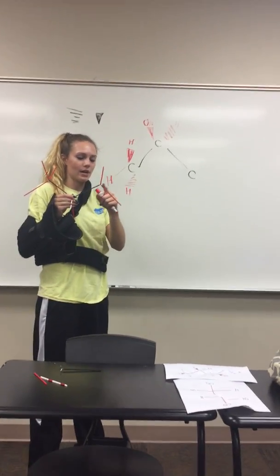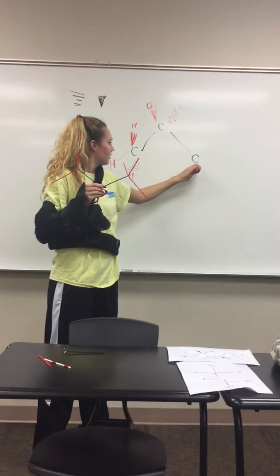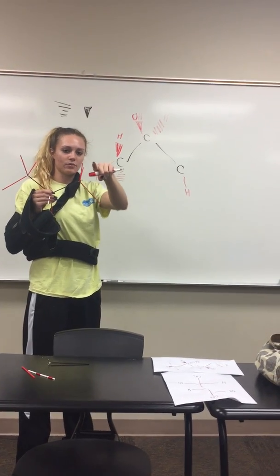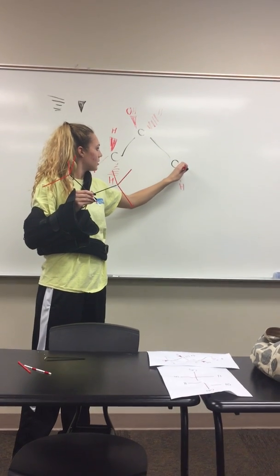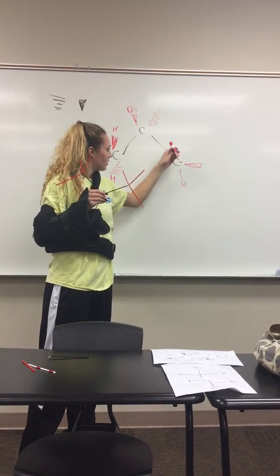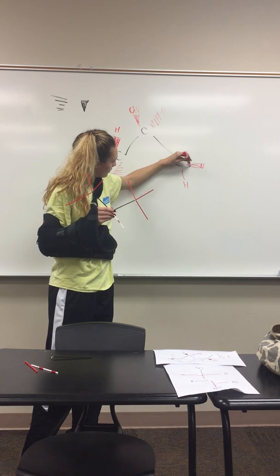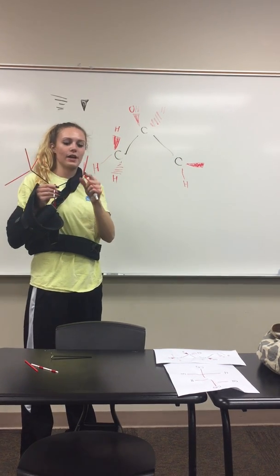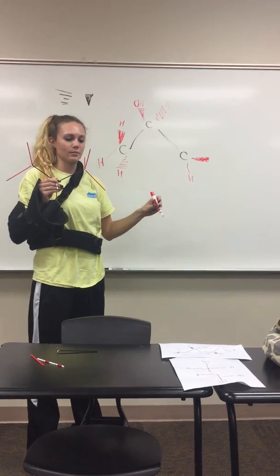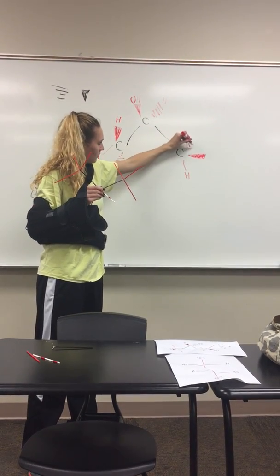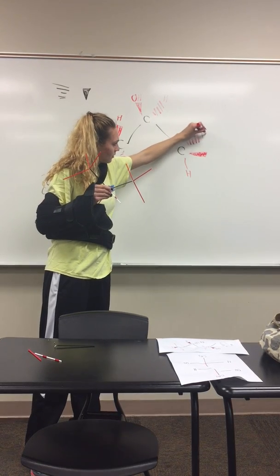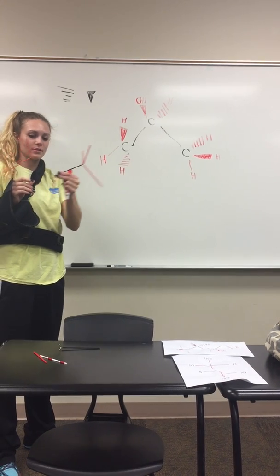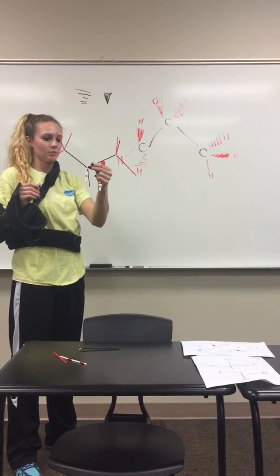We have 1 hydrogen that's in the same plane, and we have a hydrogen that's coming out towards you, so that's going to be a wedge. And we have 1 hydrogen coming back towards me, and that's going to be a dash. So that's what this molecule looks like in dash wedge projection.